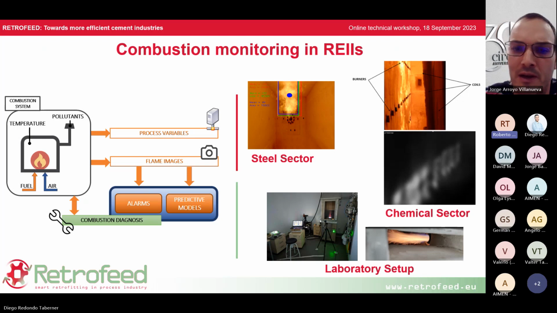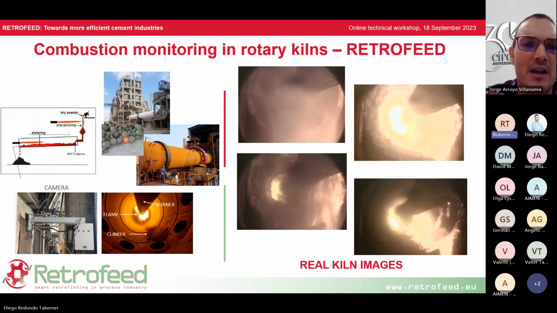And you can see here also an important part of the development is the laboratory, where all the variables are measured, and it allows us to start the training and to test some algorithms, because it provides some information previous to the industrial developments. Next slide, please.